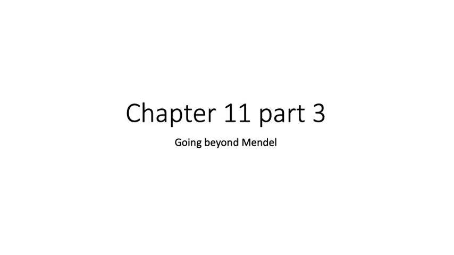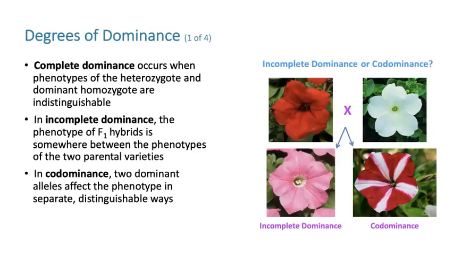So the first thing that we're going to talk about is how Mendel didn't have everything exactly right when it came to dominance. When we talk about Mendel's concepts, we talked about dominance and recessiveness. I'm going to use a slightly different version of that same saying: complete dominance.